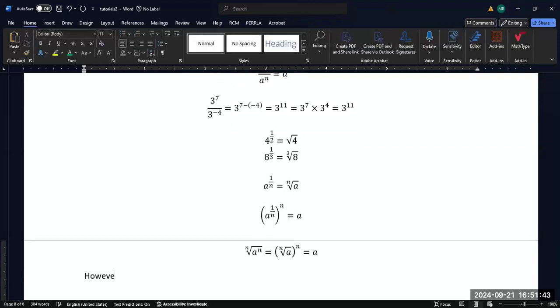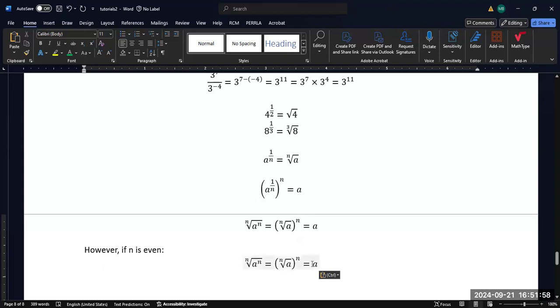However, if n is even, then technically this answer is not just a, it's the absolute value of a.